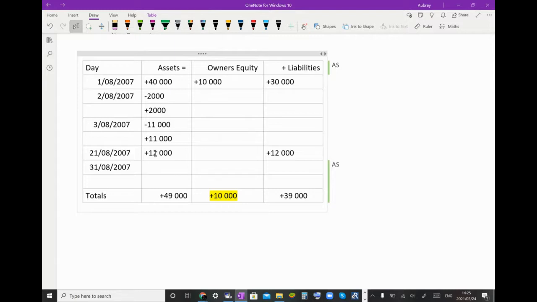So I was going to say, as we've redeemed the bank loan, if we look at liabilities as it stands, it's 42,000, but we paid 3,000, so it would be minus liabilities, and that's why we have the 39,000.